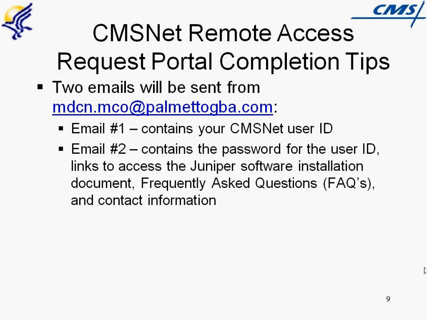2 emails will be sent from the mdcn.mco@palmettogba.com email. The first contains your new CMSNet User ID. The second email contains the temporary password associated with the user ID, links to access the Juniper software installation document, frequently asked questions or FAQs, and contact information.